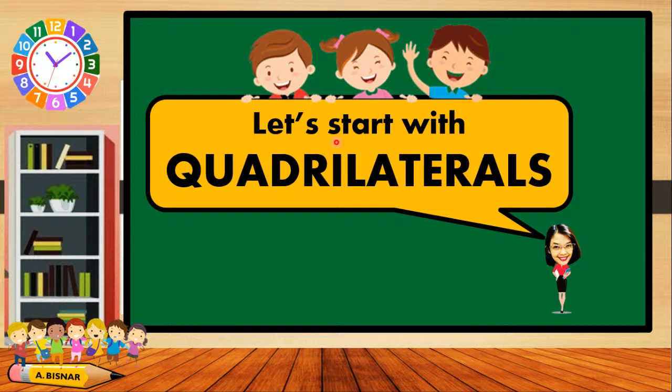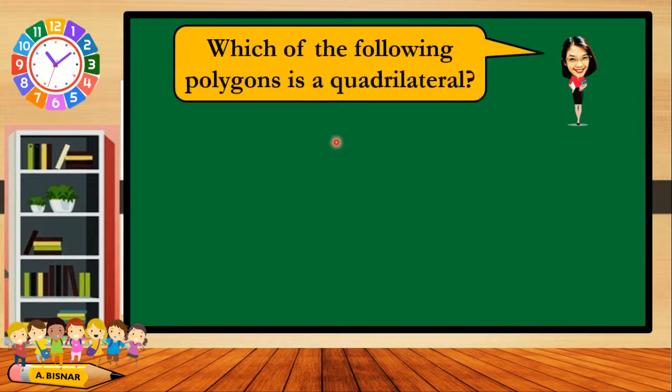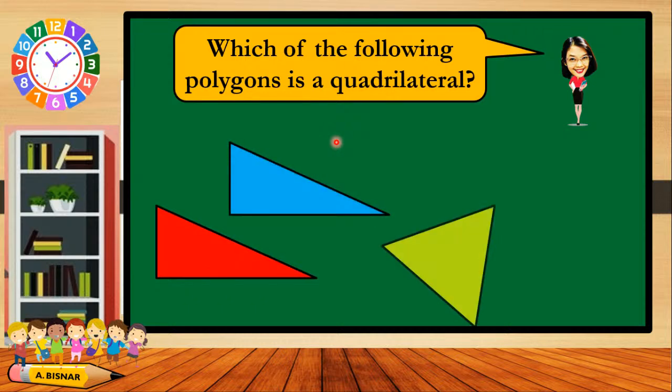So let's start with quadrilaterals. Let's try this one. Which of the following polygons is a quadrilateral? Is there one? If there is, which one? If there is none, why?